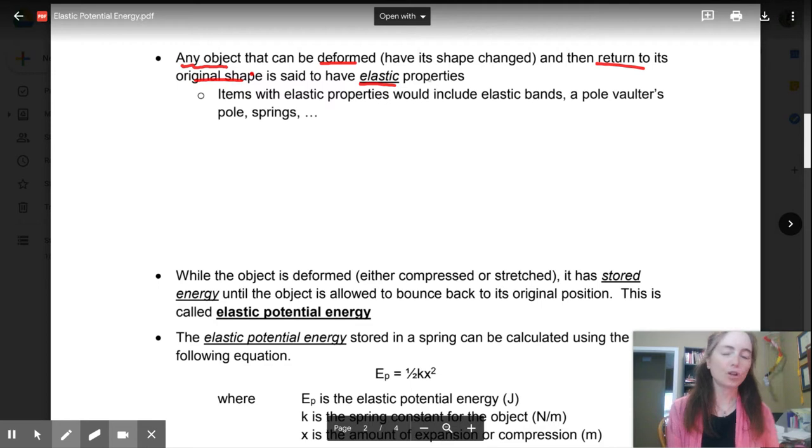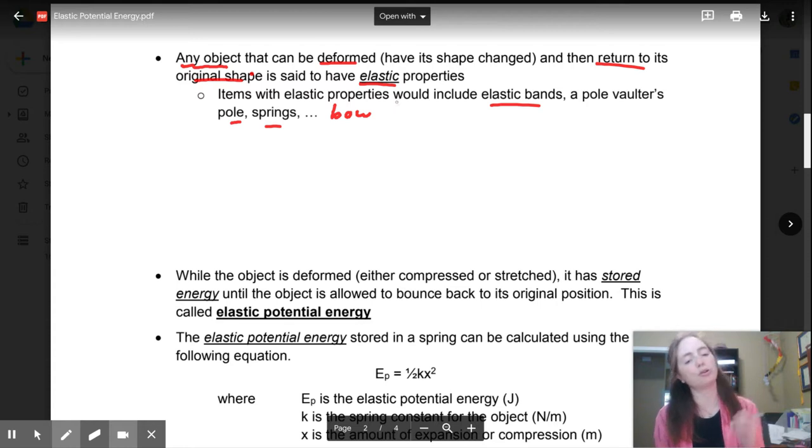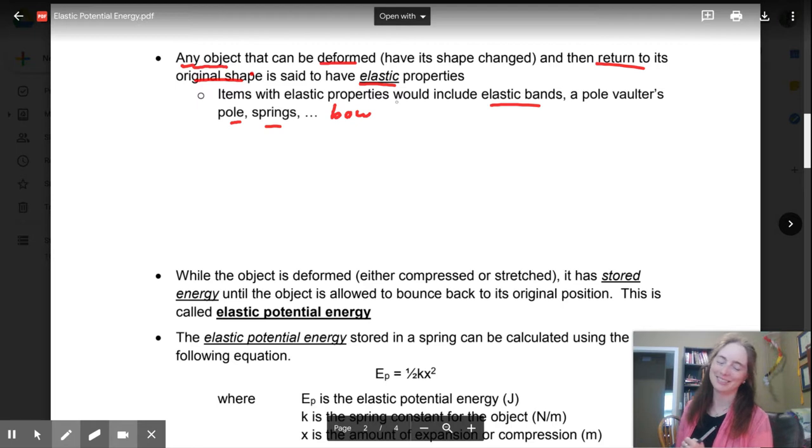These can include all sorts of different things: elastic bands, pole vaulters' poles, springs, a bow. Not compound bows, which don't use elastic potential energy, but recurve and long bows absolutely do. And it's not the string that bends, it's the bow itself. The string doesn't stretch.